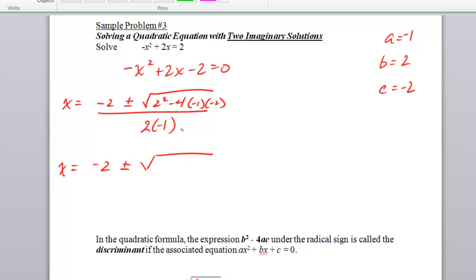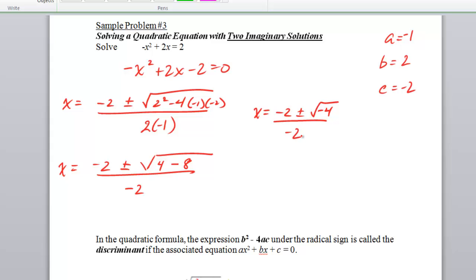If I work through that calculation, I should get 4 minus 8 over negative 2. That's going to lead me to negative 2 plus or minus the square root of negative 4, which we know is going to give us imaginary numbers.